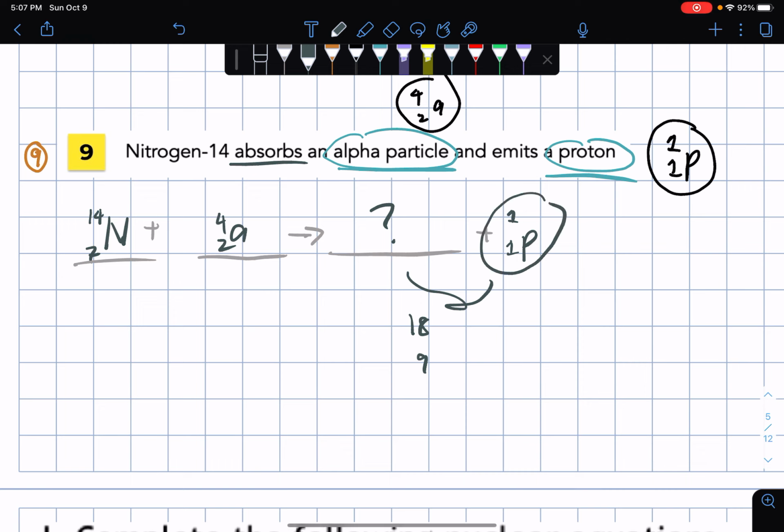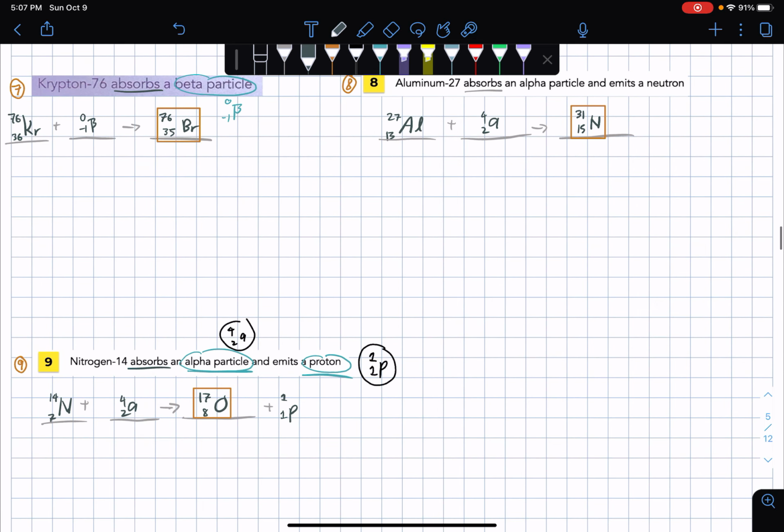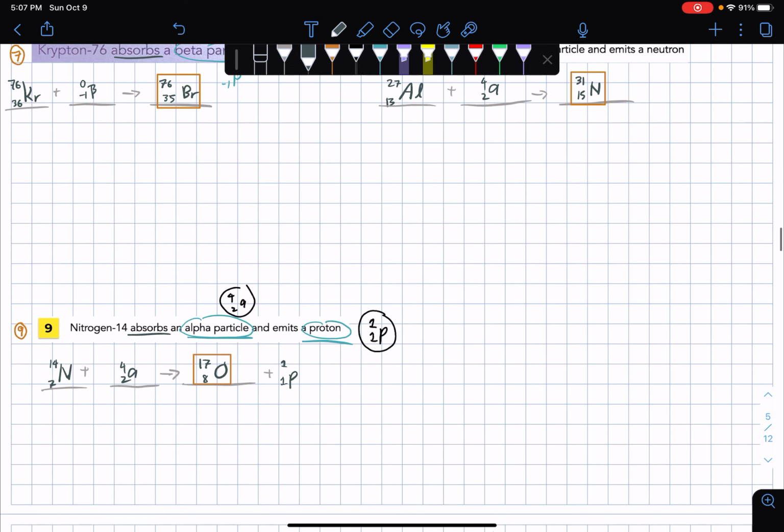But given that it also emits a proton, the element won't be based on these values. So we subtract both the atomic mass and atomic number by 1. So we get 17 and 8. That would be oxygen. So that's an equation. This is a proton, alpha particle will be that.